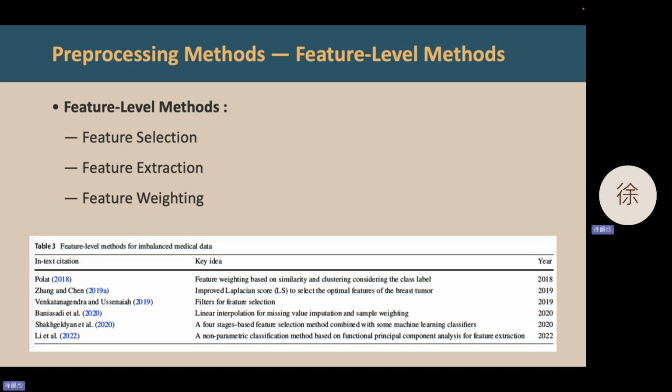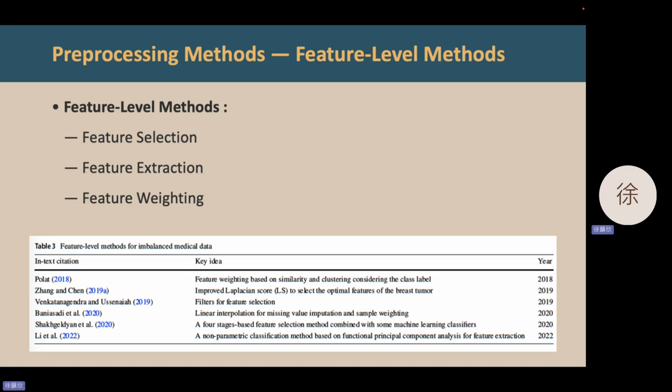So Table 3 on this slide introduces the feature level methods that researchers use to address the class imbalance problem in medical data. Features are the different pieces of information that describe a patient, such as age, blood pressure, and so on.